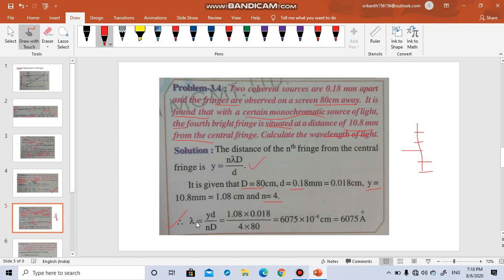Lambda will be y d by n D. Just cross multiply and take care of the units, and finally you get 6075 angstroms. Angstrom means 10 power minus 10 meters. Because these wavelengths are very small, we prefer angstroms or nanometers.